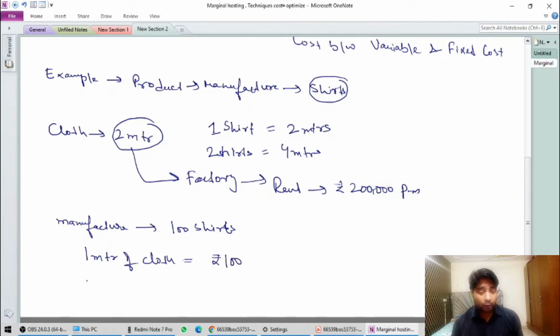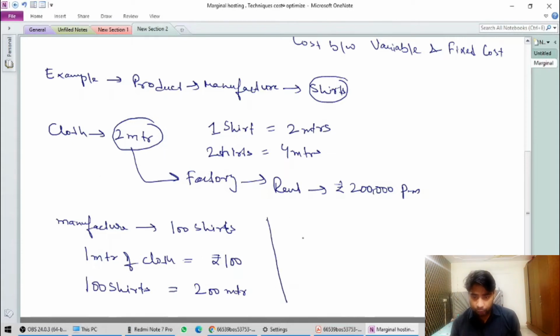Let's suppose 1 meter of cloth costs 100 rupees. So how much cloth do we need? Sir, for manufacturing 100 shirts, we need 200 meters of cloth, right? Okay.